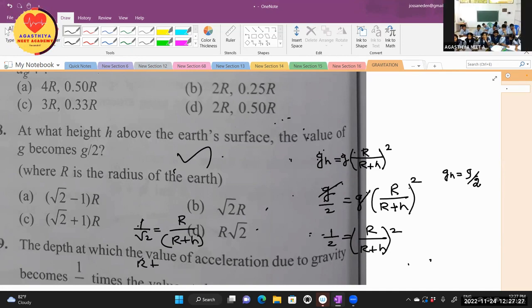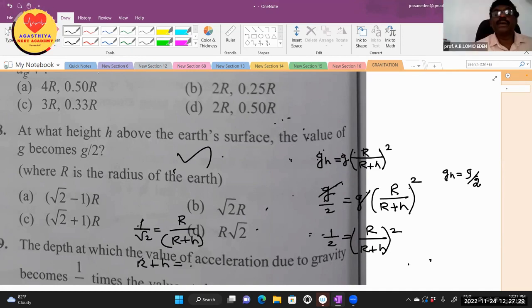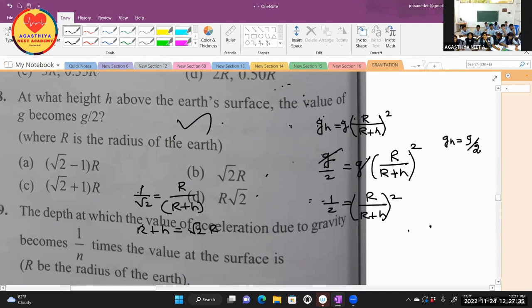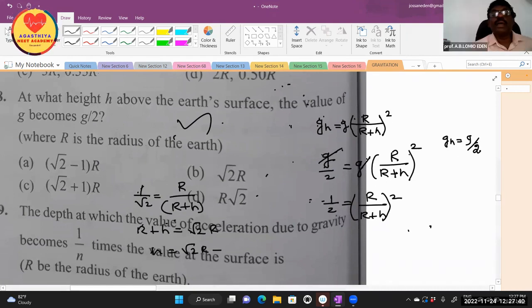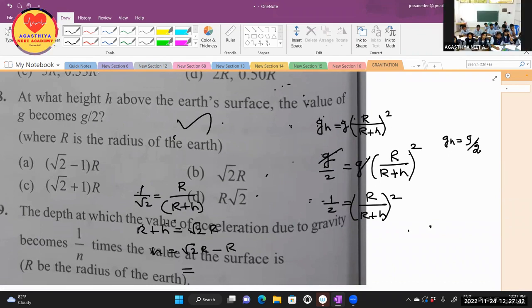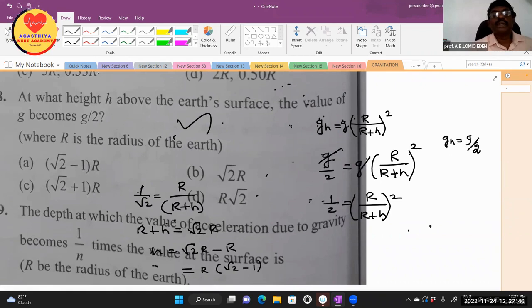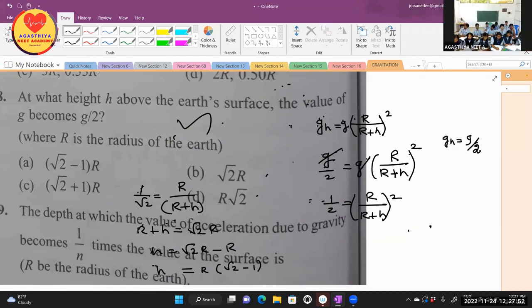Now cross multiplying, R plus h equals root 2 R. Now h is equal to root 2 R minus R. Take R outside: R times root 2 minus 1. That is h. Which one is correct?